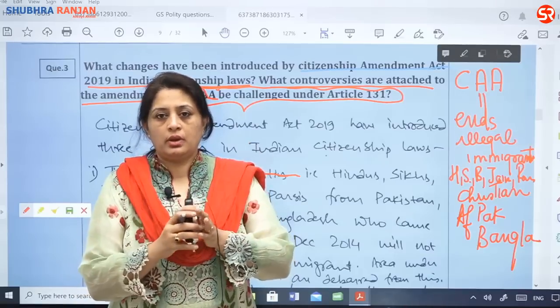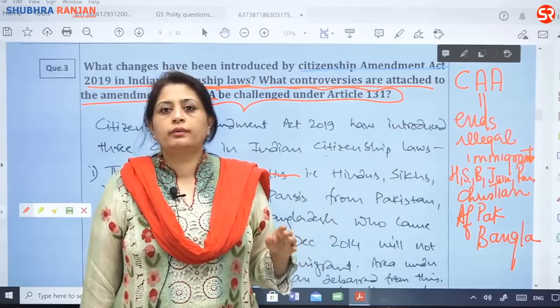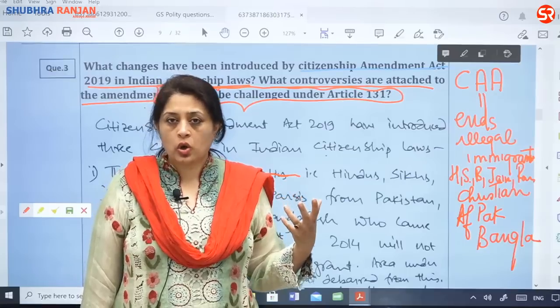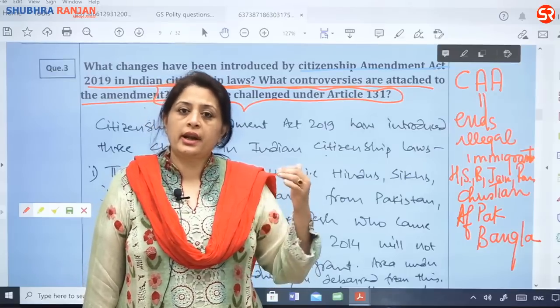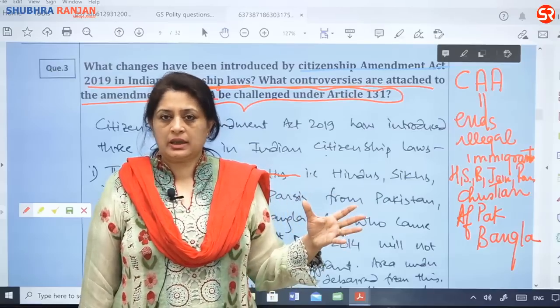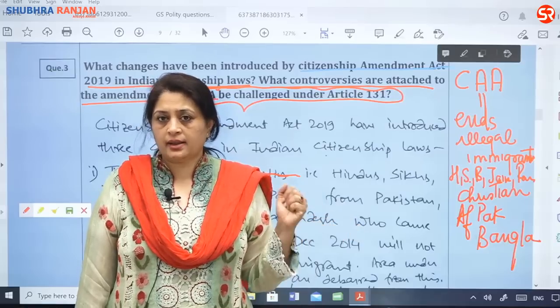So now I will give you a quick glance at the complications of the Indian citizenship laws and how you can defend this particular argument. The points I have basically taken from the affidavit which has been filed by the government.